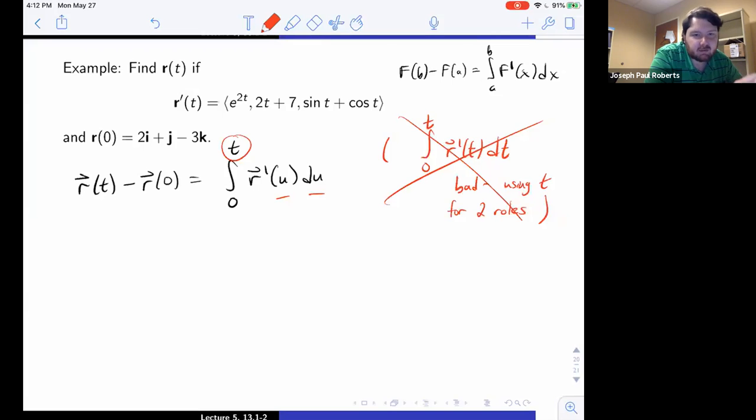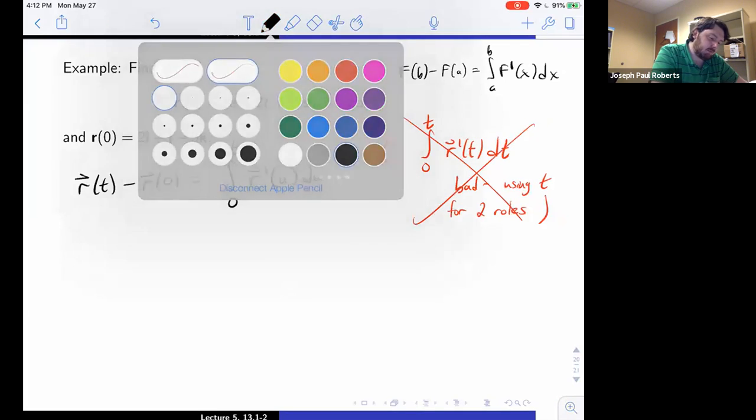So technically you should use anything other than t for your integration variable. But like I said, not a huge deal. And so yeah, let's see what that does.